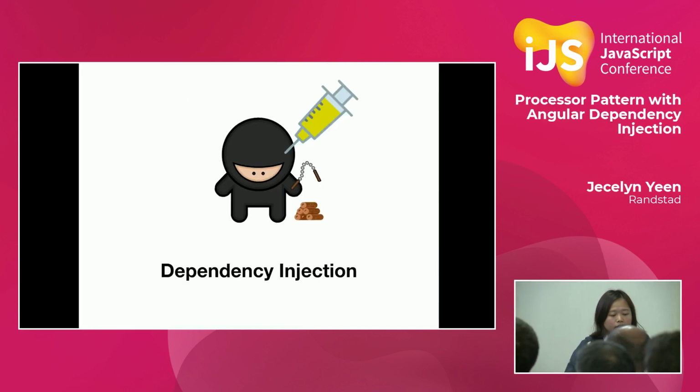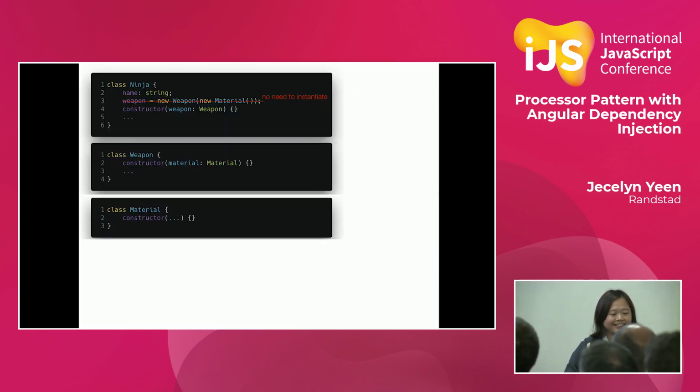Okay. Then with dependency injection, for the Ninja class, we actually don't need to instantiate that weapon in the ninja. We just inject the Weapon class in the constructor. And then for the weapon, it's the same. We put the material in the constructor. And then we have the Material class.